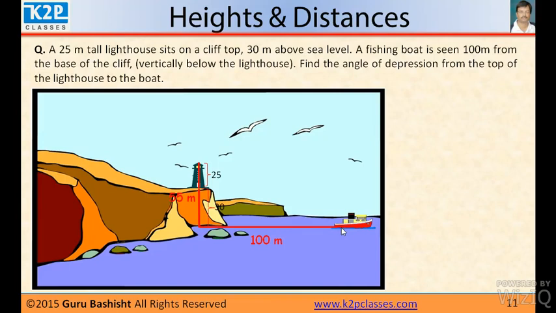Now the question is, what is the angle of depression from this point? So we have to find the angle of depression here. If this is D, naturally this will also be D, because the angle of depression is equal to the angle of elevation.